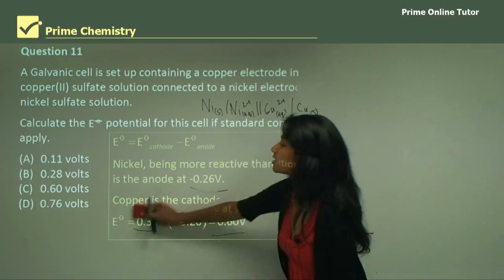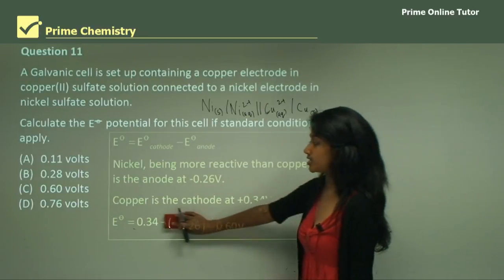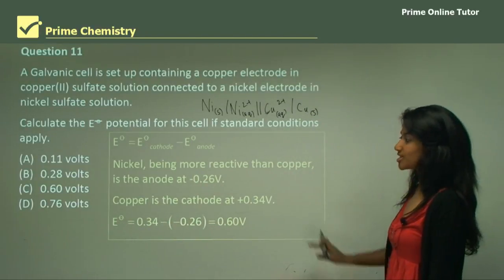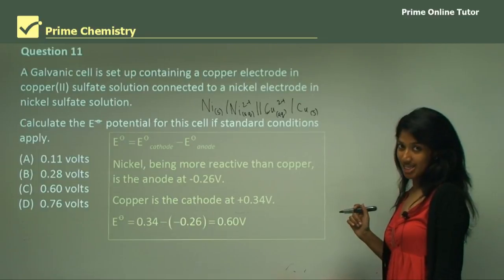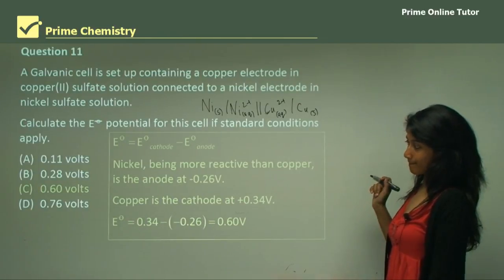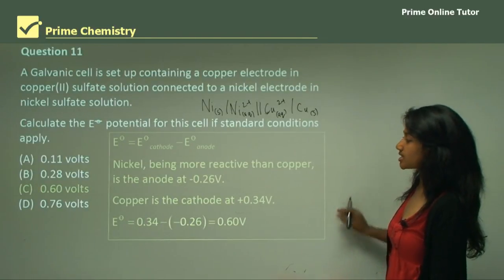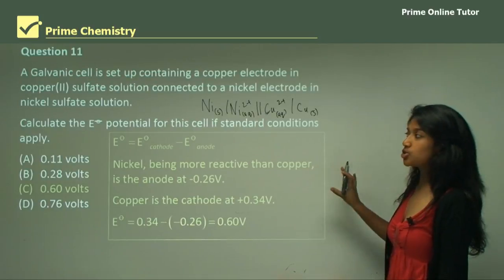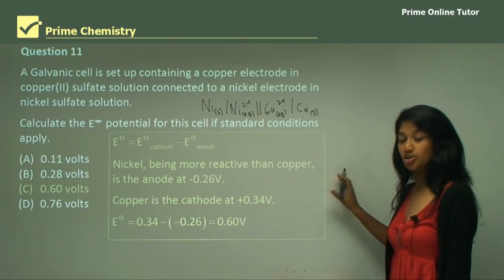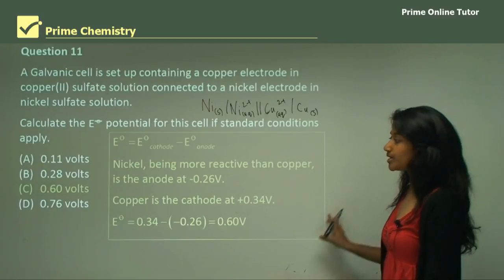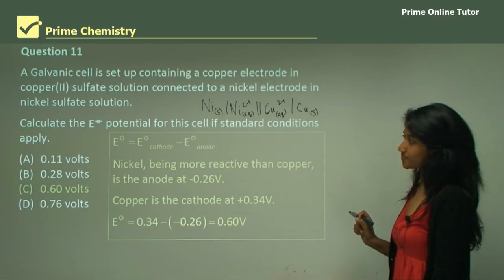So from here, option C gives us 0.6 volts. So therefore option C is the answer. There we go. And this is a good working out, but you don't need working out for multiple choice. You don't have to show it, but you would have to do it in order to get the answer.